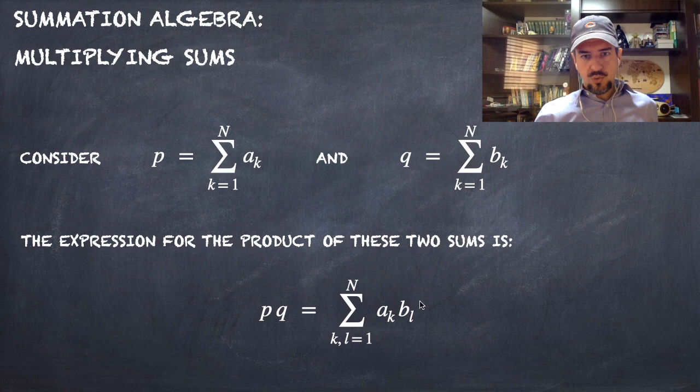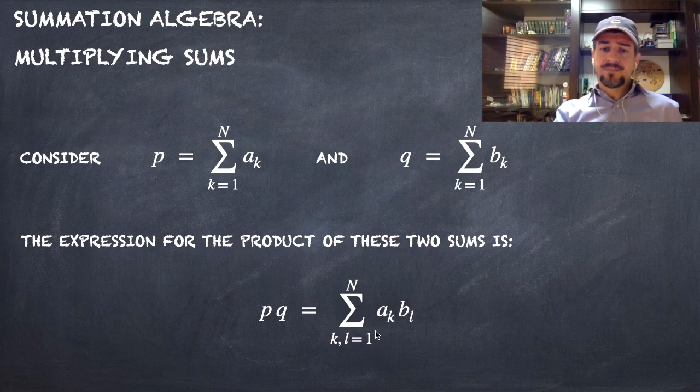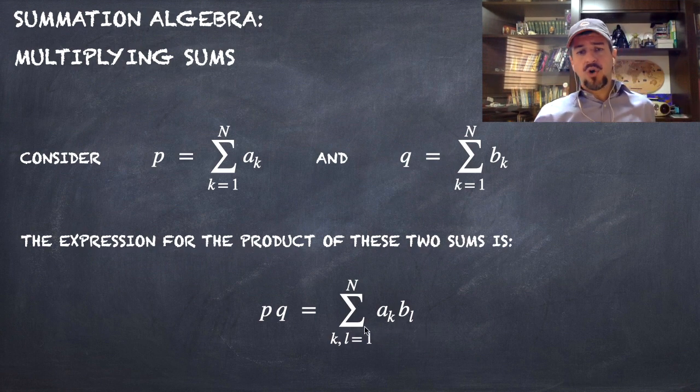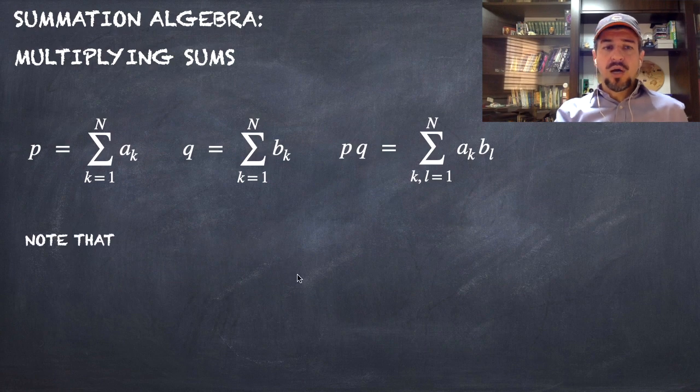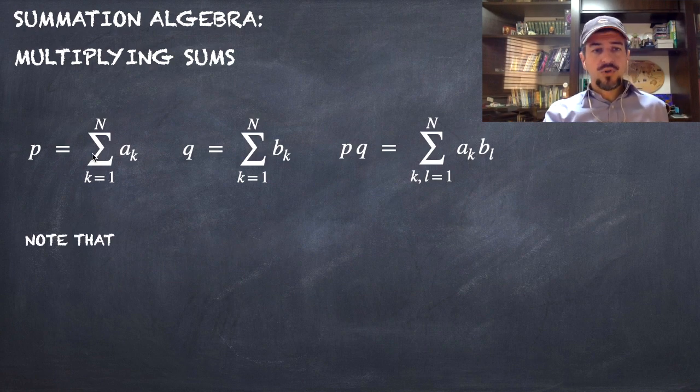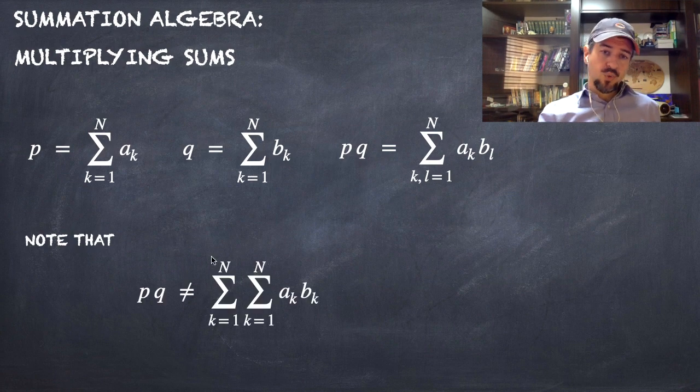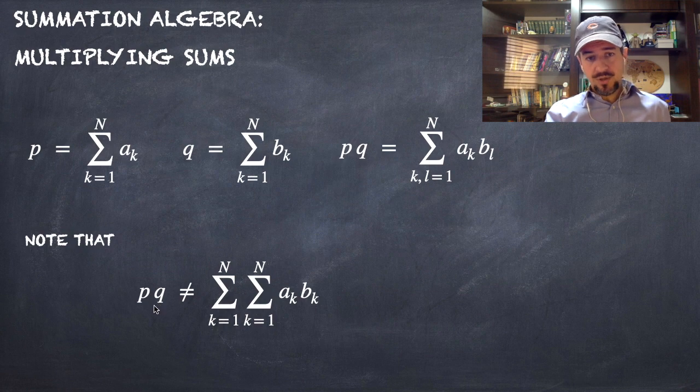In this situation, we guarantee that we will have the crossed products, for instance a1 b2, a1 b3, and so on, b2 a2, b1. Because if you multiply these directly, it would be these, which is different from the correct product.